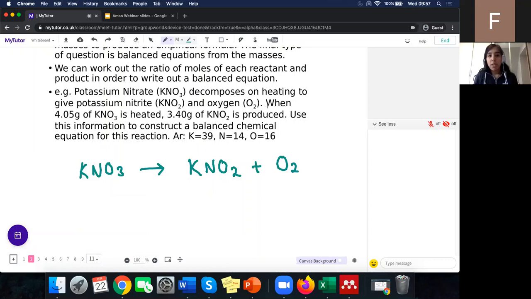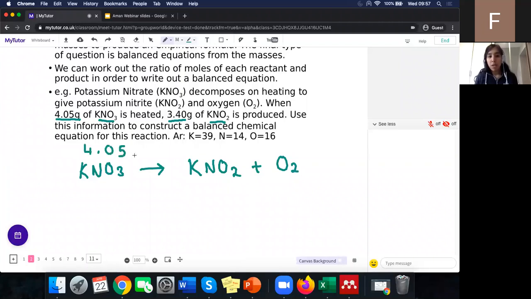First of all, we've got the mass of potassium nitrate, 4.05 grams, and the mass of potassium nitrite, 3.4 grams, but we don't have the mass of oxygen. Hopefully you remember from last week that the mass of reactants is always equal to the mass of products. Our reactant is only potassium nitrate, which is 4.05.